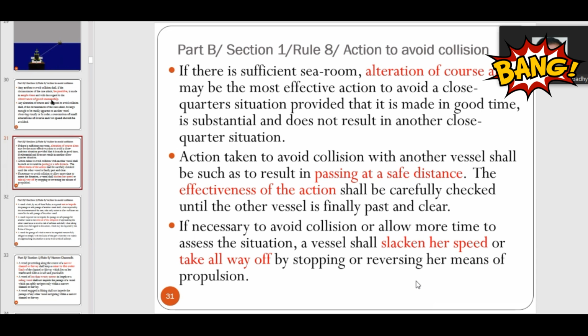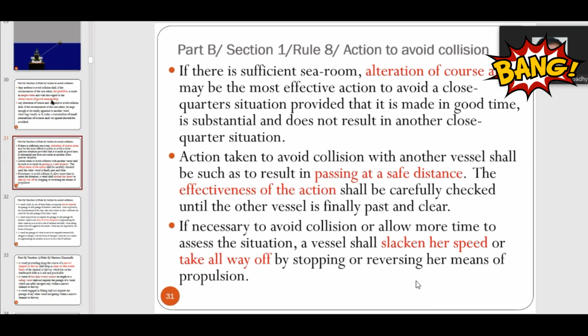That means your action should be such that it will not only ensure that the vessel will finally pass and clear, and the risk of collision will be over, but also that the vessel should pass at a safe distance. Now this safe distance, how much?